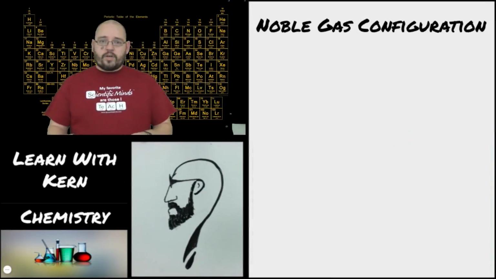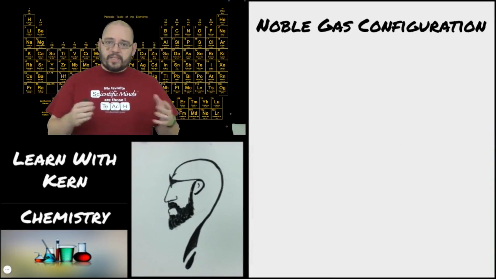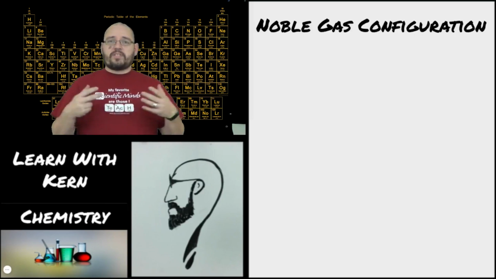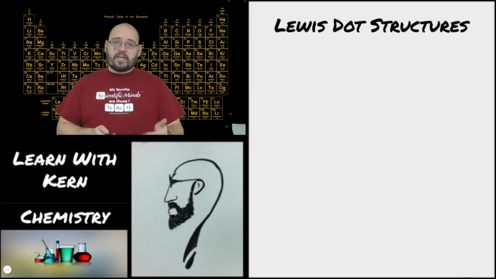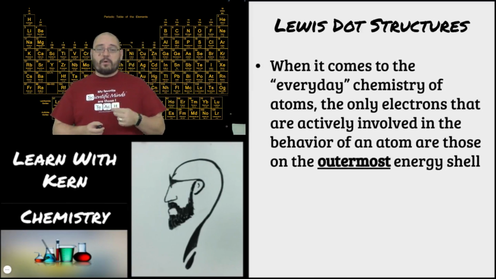Now that we've drawn and written out the complete electron configuration, and we've done a couple examples of the noble gas electron configuration, which is a shorter way, let's actually get into talking about what we really need to know about, and that's Lewis dot structures and these outermost electrons.